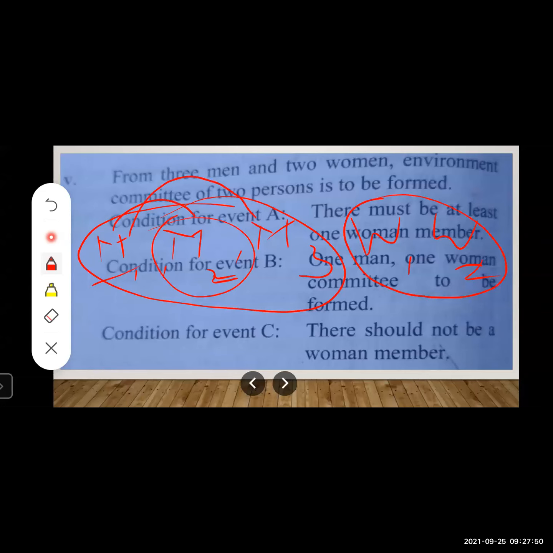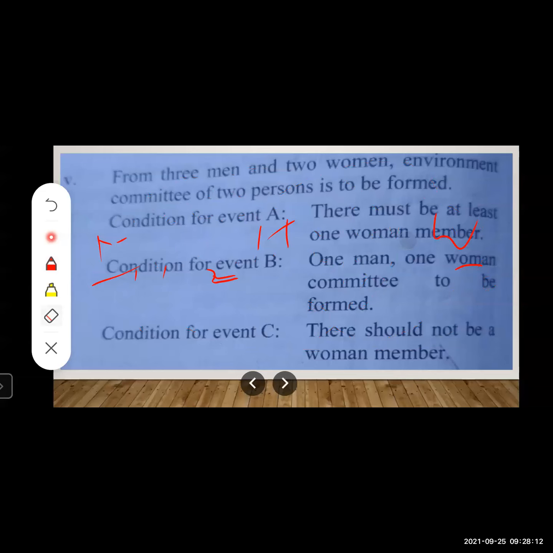Then this M1 again will form a pair with W1, then M1 will form a pair with W2, then M2 will form a pair with this, then M3 will go again here, like that. Different combinations are formed. Okay, so let us see this. First of all, how to form this.